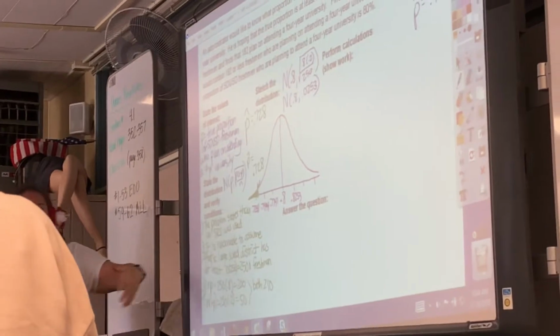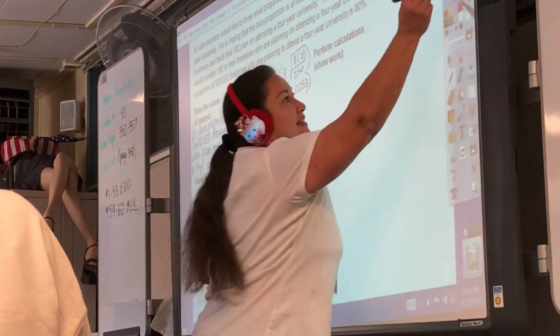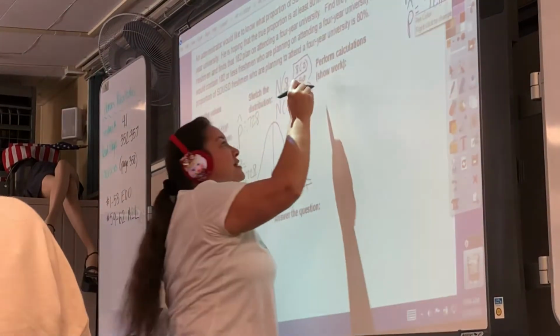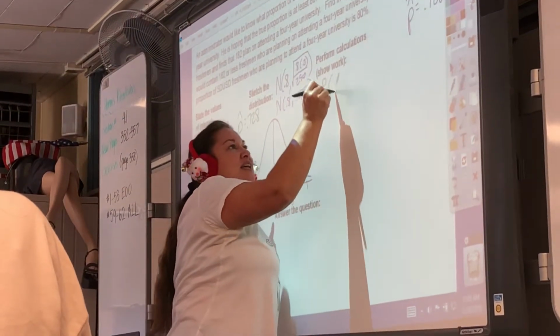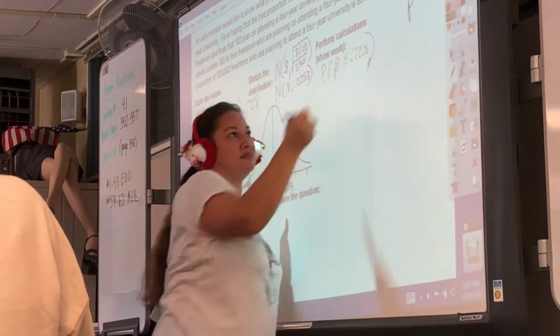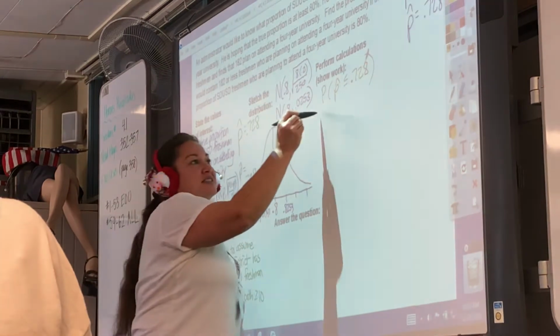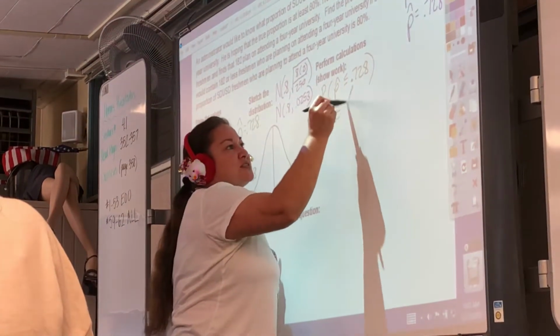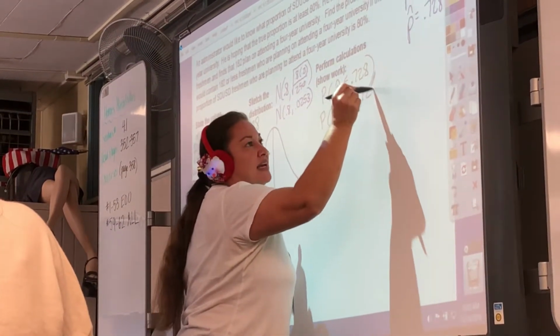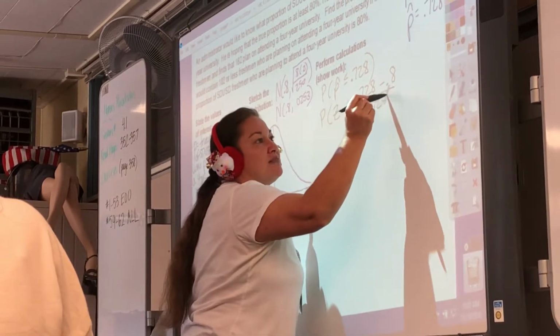Now how do you get the actual area? That's where you show me your work. Your work will look something like this. I'm trying to find the probability of getting a p hat less than or equal to 0.728, right? That is equivalent, because it's a normal distribution, to a z-score of 0.728 minus 0.8 over 0.0253.